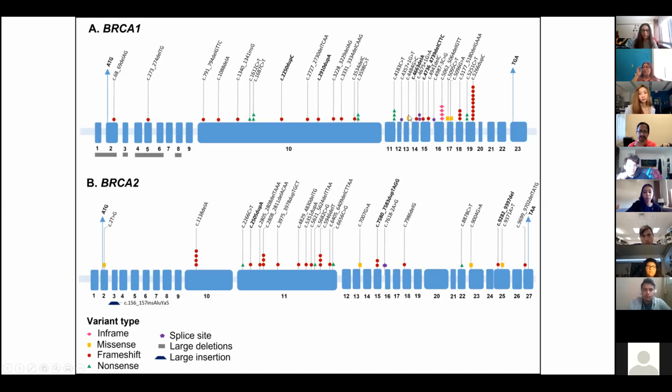So this is an example of 2 genes that are related to breast cancer and ovarian cancer. The blue squares or rectangles are representing exons from that gene. And these lines here and these letters represent point mutations that have been identified on those genes. So if we see all the exons here, there are many mutations that have been identified.